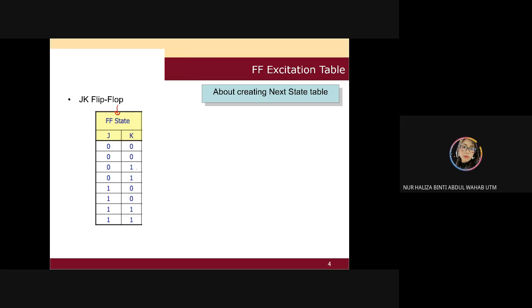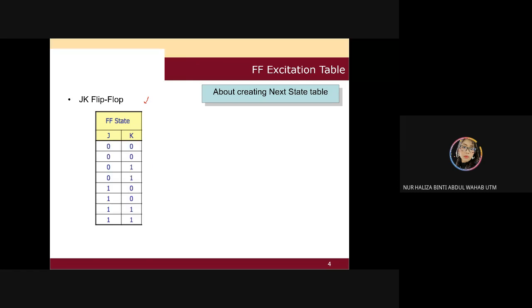Because last time, if you remember, you need to have the previous Q being 0 or 1. Previous Q 0 or 1, previous Q 0 or 1. Because last time we tried to justify it in the summarization table.